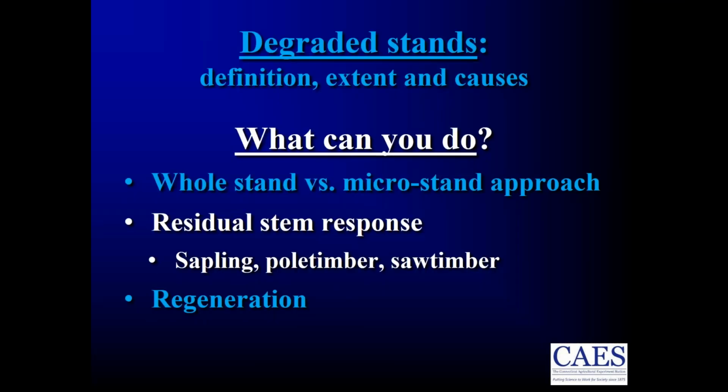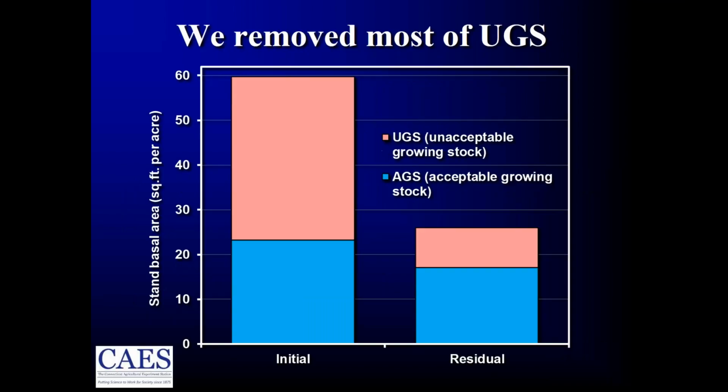So we've talked about the whole stand versus micro stand. Let's see how the trees actually grow and what happens after we do this. Well, if we look at the stand level, beforehand on these stands, we had roughly 35 to 40 square feet of unacceptable growing stock per acre and only about 25 square feet of acceptable growing stock per acre.